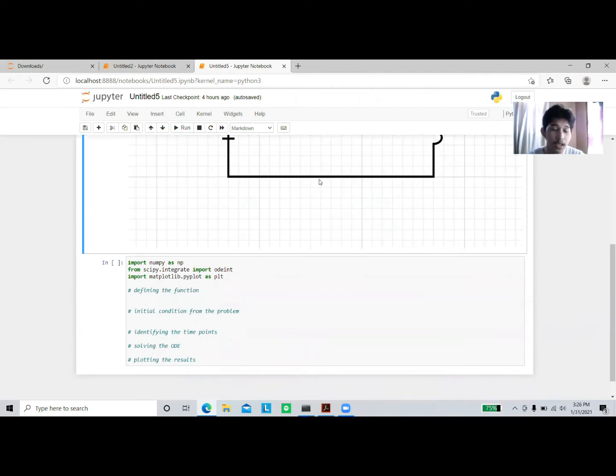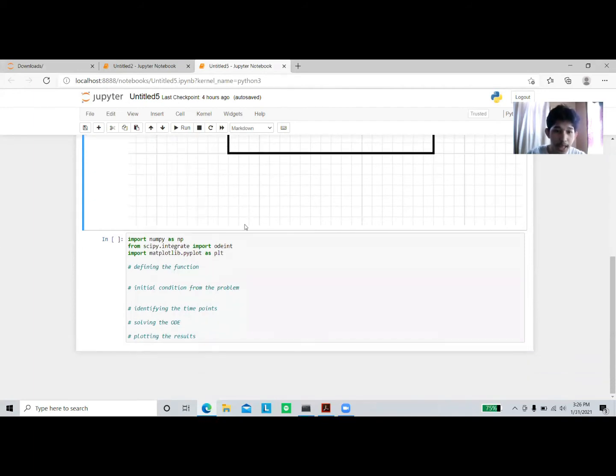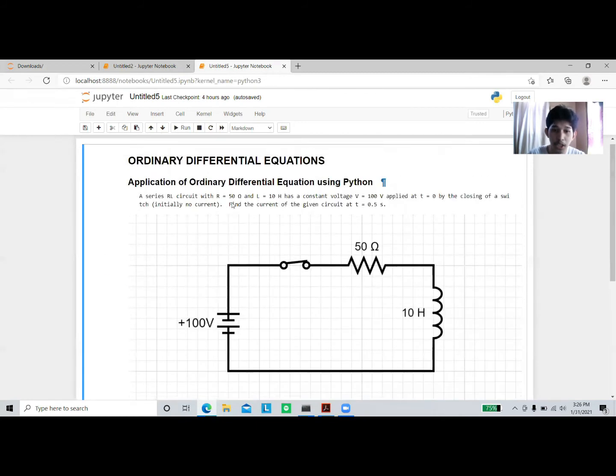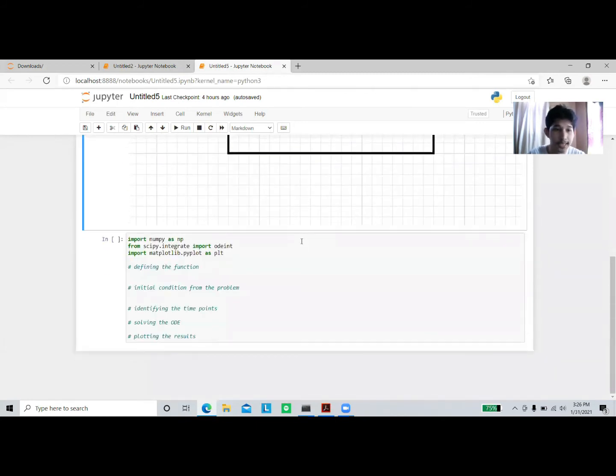So here, as we all know, differential equations are solved in Python with the SciPy integrate package using the function odeint. That is a very important function, odeint, to be able to find the answer in this problem, so we will be using that later.